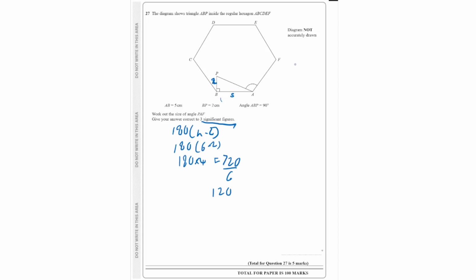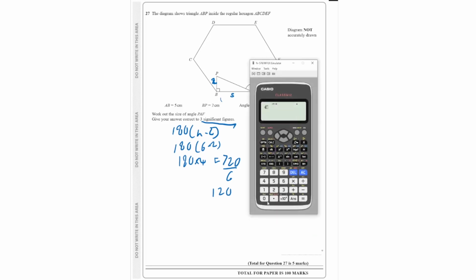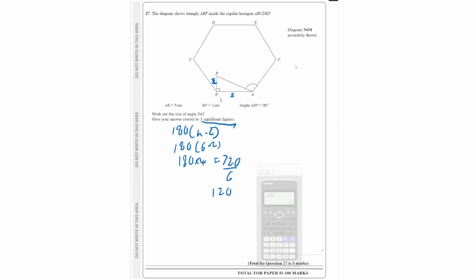Since it's a right angle, we can actually use Pythagoras theorem. 2 squared plus 5 squared is equal to PA squared. So we can find this out as the square root of 2 squared plus 5 squared, which is root 29. And now we can use something called the sine rule in order to find this angle.